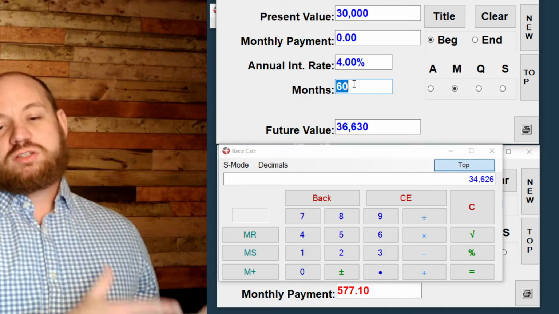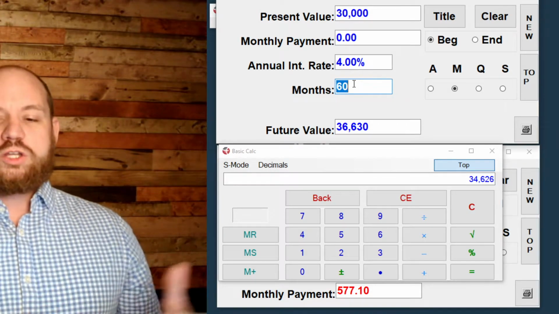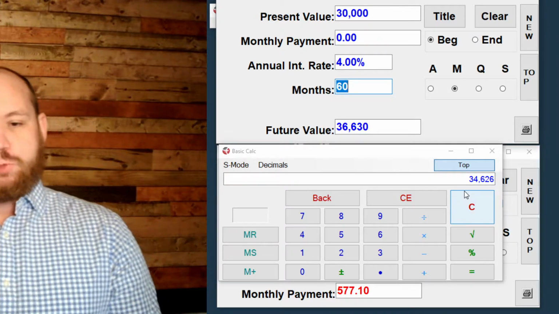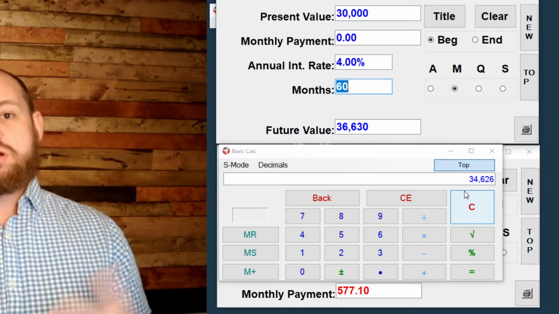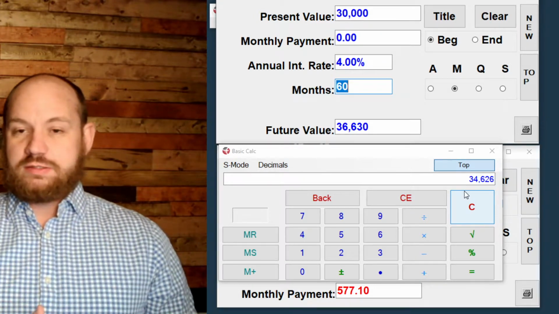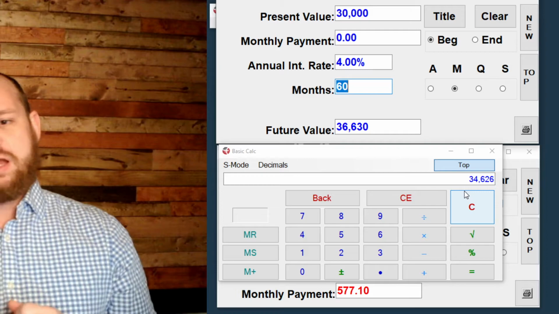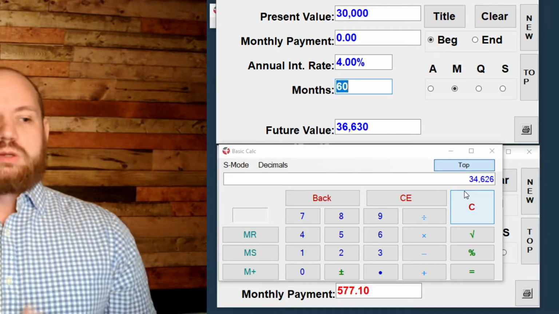You have an opportunity cost of $6,630, or you have an interest cost of $34,626. So about a $2,000 difference. That's a pretty significant difference, especially if we're just looking at a $30,000 loan.